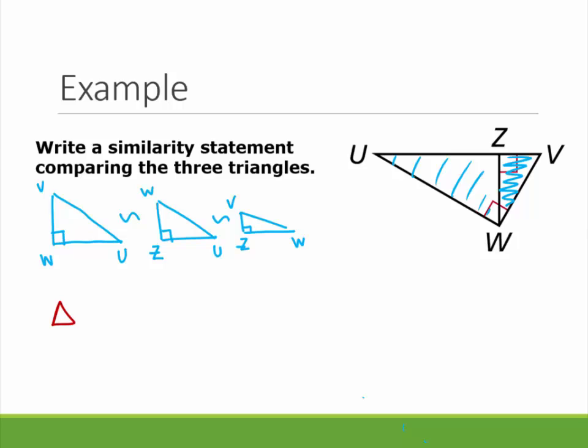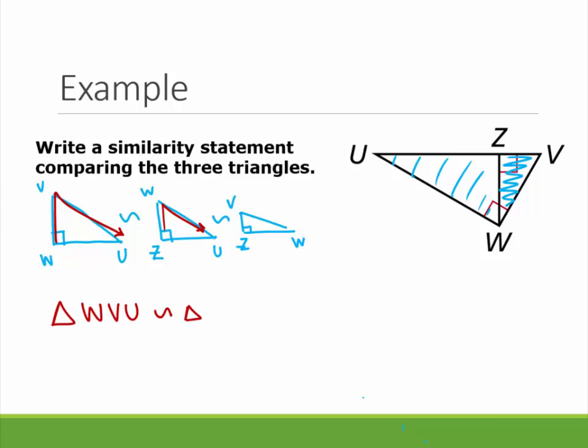So the first one, let's start with the right angle. So W, go up the short side, V, and then down the hypotenuse, U. So I went this way. That's similar to the second triangle.